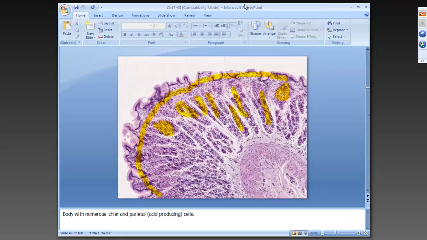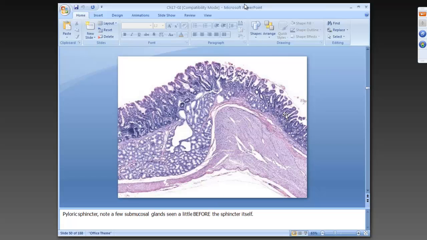Okay? This is a pyloric sphincter, and note a few submucosal glands on it, seen a little before the sphincter itself.